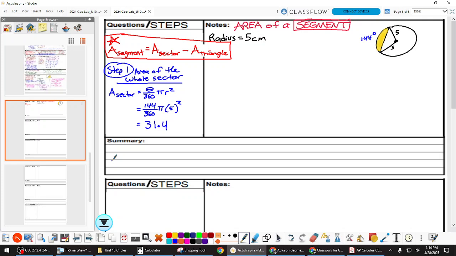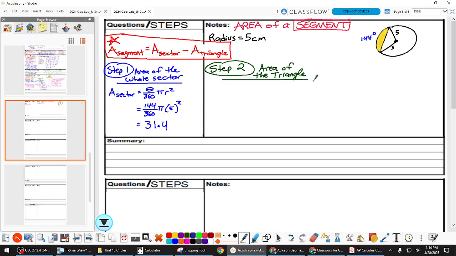Okay, step 2. Area of the triangle. You guys remember the formula for area of a triangle? Starts with 1/2, or divided by 2 is in there.